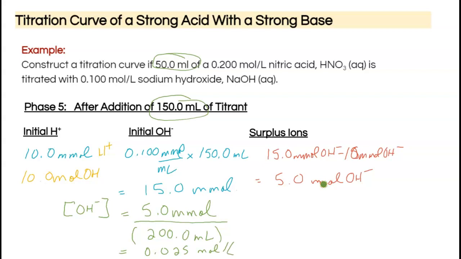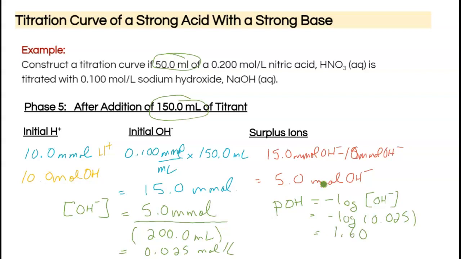Now from there, I can't calculate pH, but I can calculate pOH. Remember that pOH is equal to the negative log of my hydroxide ion concentration, and so I'm getting a value of 1.60.